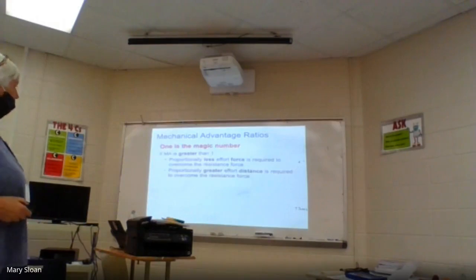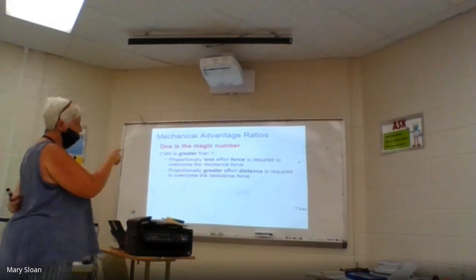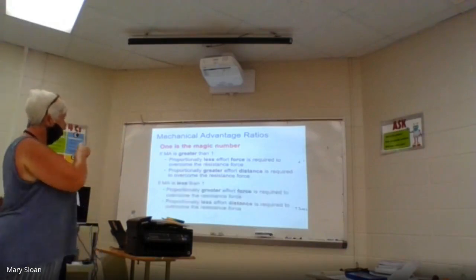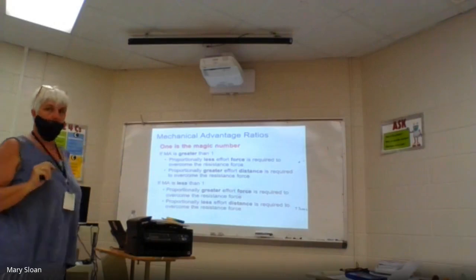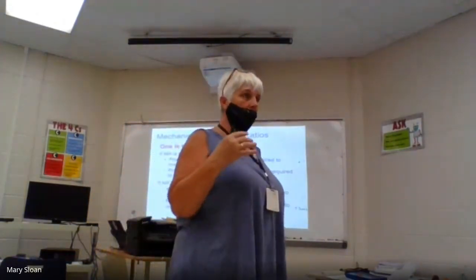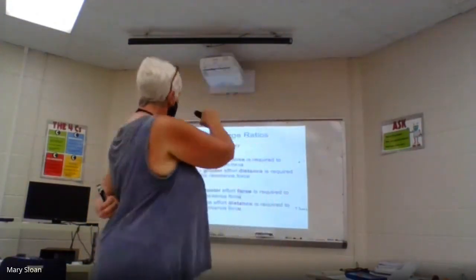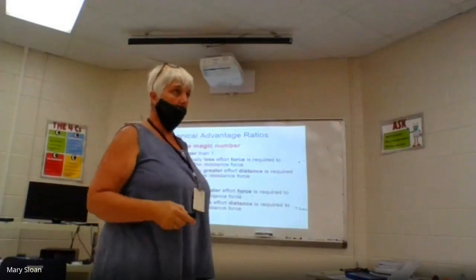So, what is your magic number? MA greater than 1, less force, greater distance. MA less than 1, greater force, less distance. As long as you understand what mechanical advantage number it is. If it is 1 or if it's less than 1, that's what we're looking for, okay?